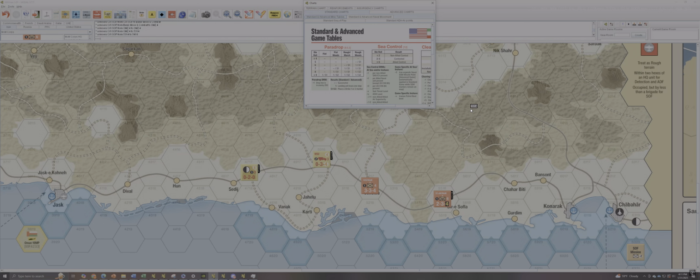I have the option of using air movement points for paradrop. Only airborne units may paradrop, right? So you've got to really look at the symbol, see if it's got the parachute on it. I start at an airbase, and then I pick a hex that I would like to airdrop into, and then I'm going to roll on the paradrop chart. The paradrop chart is going to take into account weather and the terrain I'm jumping into.